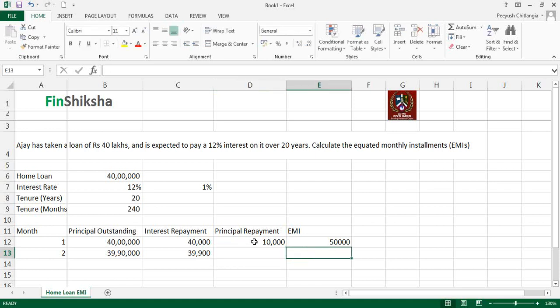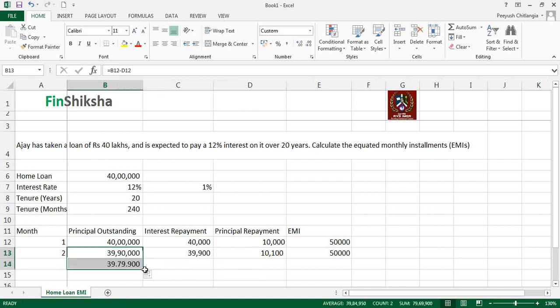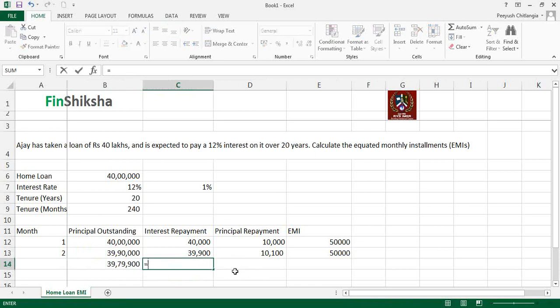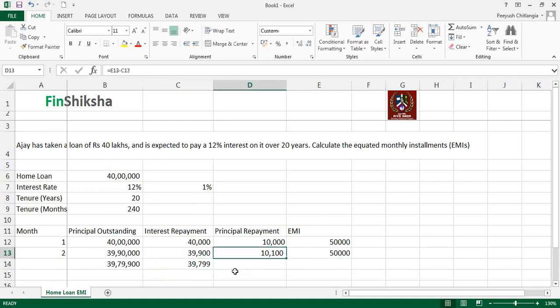Which means if I have to keep the EMI constant, the principal number has to increase to 10,100 and so on and so forth. Correct? If you compare this to the next month, you will find that your principal outstanding should be 39,900, and then you multiply this with 1%, so that's your interest component, and you can copy and paste this below.